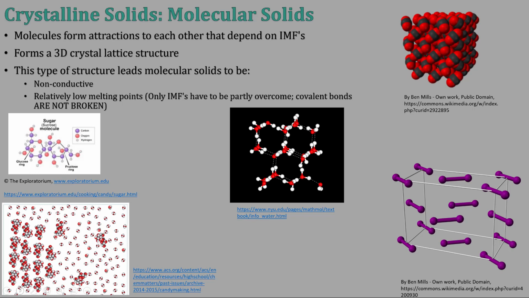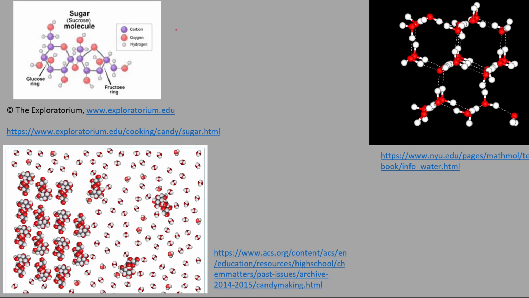Because if we look at water, right, water has covalent bonds. But that's not what's making it a solid. What makes it a solid is how close together those water molecules are. So I put here a sucrose molecule. So sucrose is much bigger than glucose.